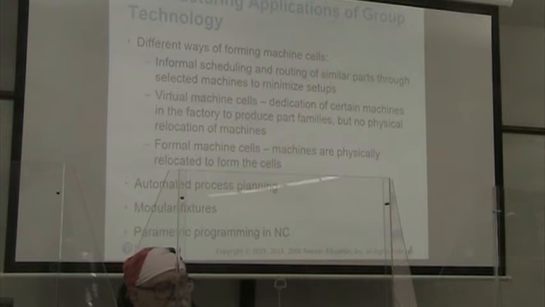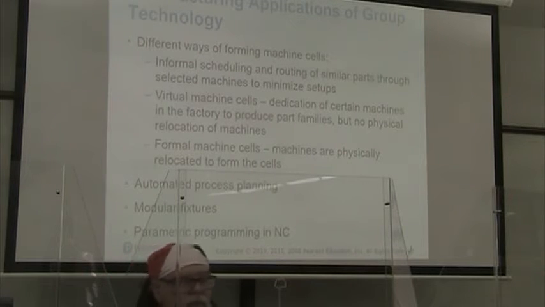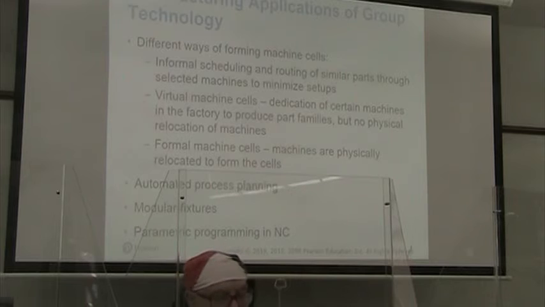We can have virtual machine cells where we have dedication of certain machines to produce part families, but we don't actually physically relocate the machines. And we can have formal machine cells where we physically relocate the machines to form the work cells.